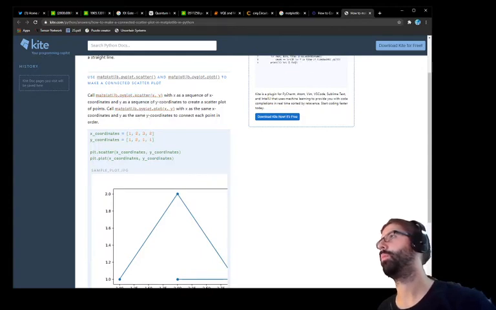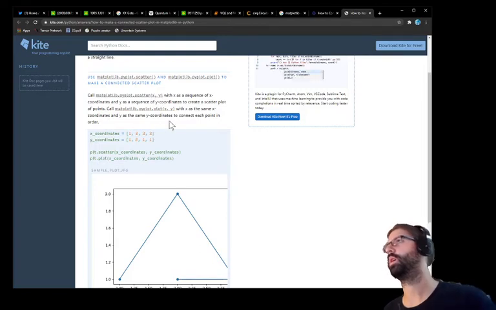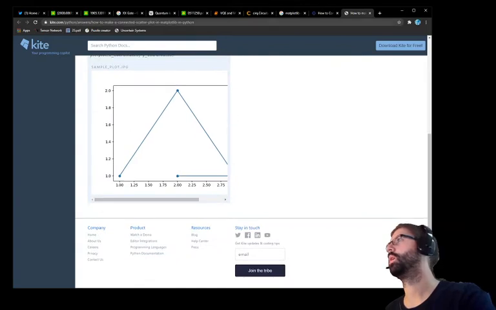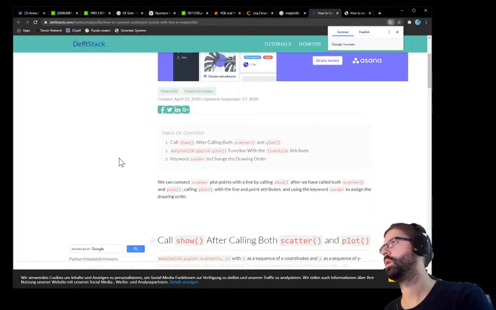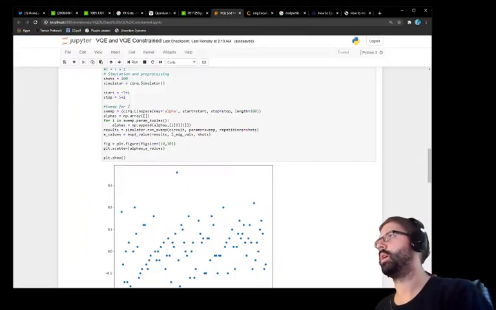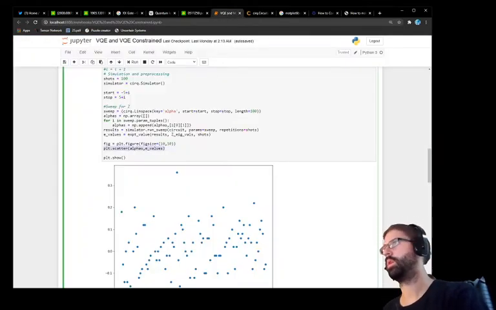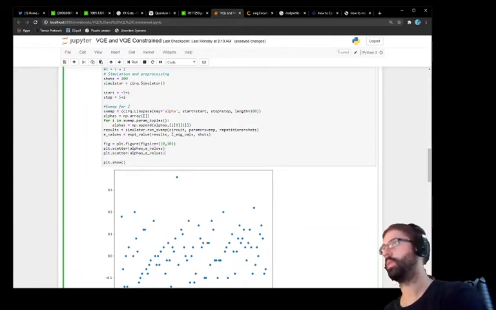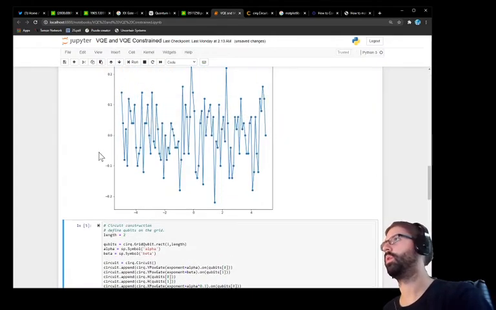Call matplotlib plot with X to connect each point in order. Okay. So if I just say plot. Oh, there you go. Okay.